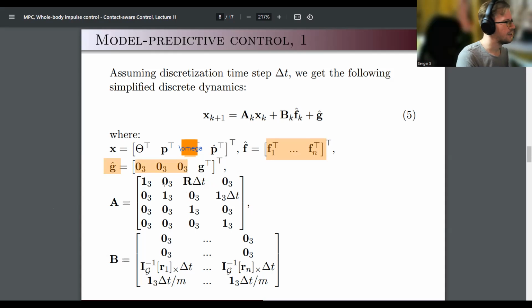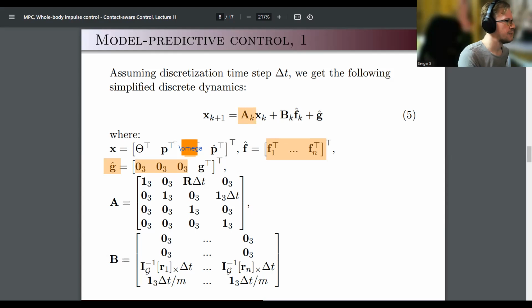Okay. Now the most interesting part. What is A? Well, A is the discretization of the Newton equations and Euler equations. It relates the derivatives of each of those elements in x with the elements in x.